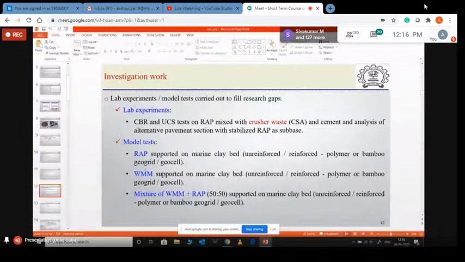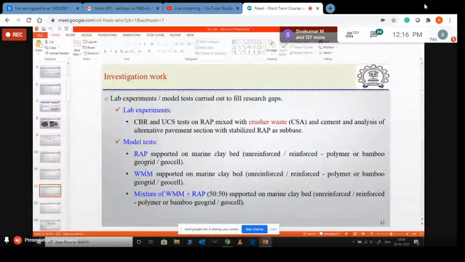But when you are using 50-50, that is 50% RAP, 50% waste, with some percentage of cement, we found that 50% RAP, 50% CSA with 4% cement, the UCS value was exceeding 1.5 MPa, which is the requirement for bound surface. This is what our requirement was.